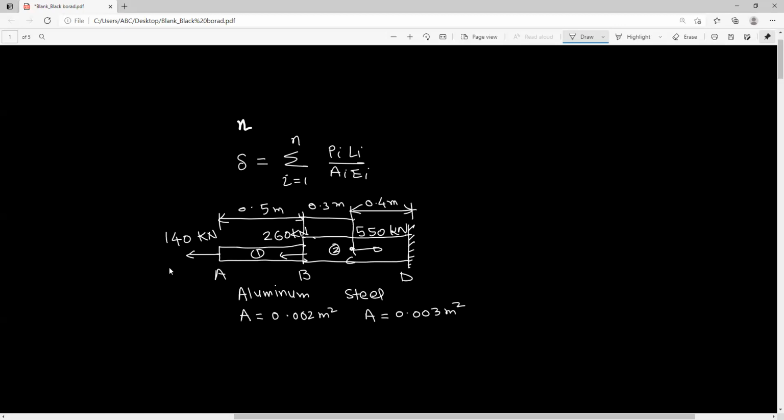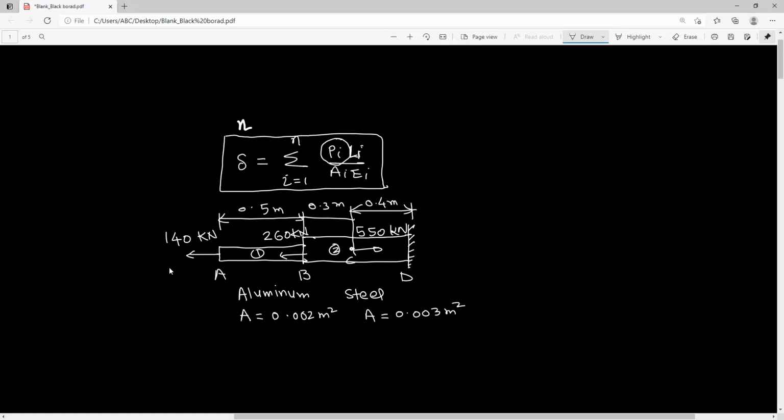Now, to calculate the deflection, it is not a direct summation. What we are required to understand is the internal force within the different parts of the bar.